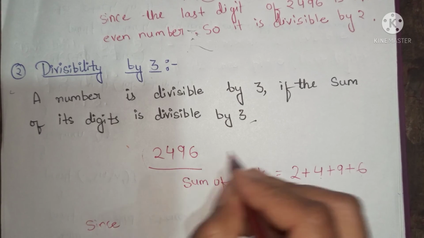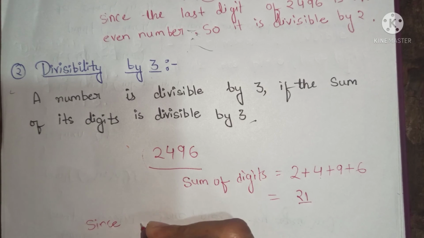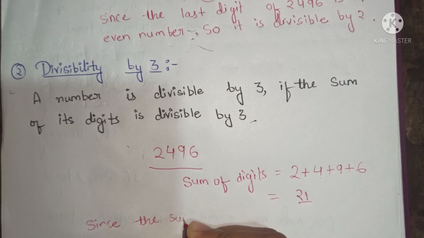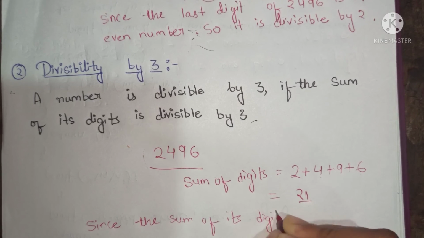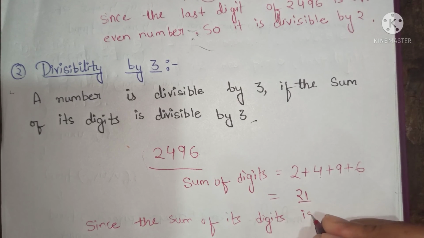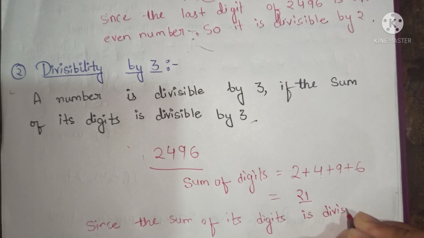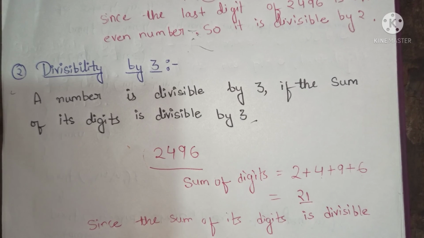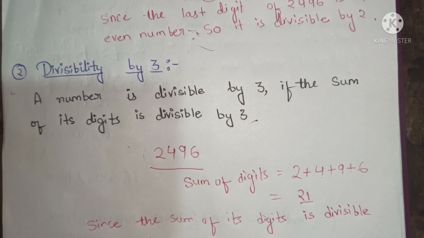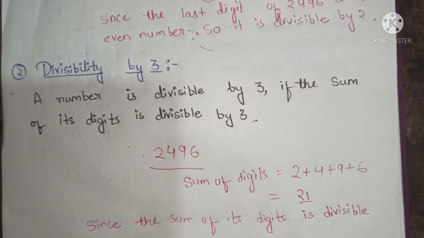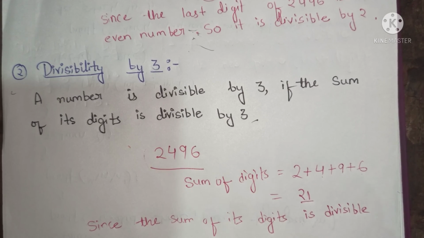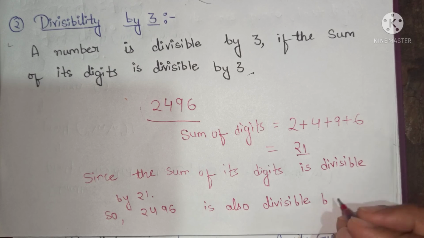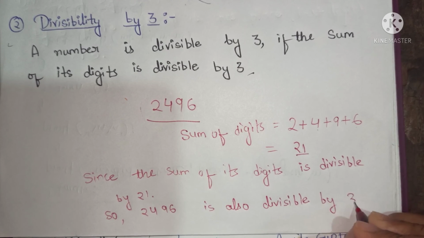Since the sum of its digits is divisible by 3, 2496 is also divisible by 3.